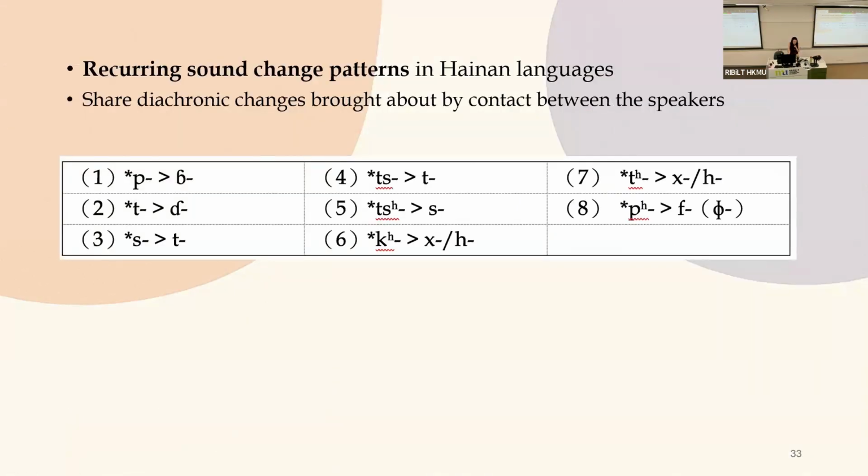Other than synchronically shared phonological features, shared diachronic sound changes are another good indicator of intense contact, as they imply that speakers of these languages coexisted and interacted during certain sound changes, allowing them to spread. We have identified 8 historical sound changes that took place in various languages of Hainan, which are listed here.